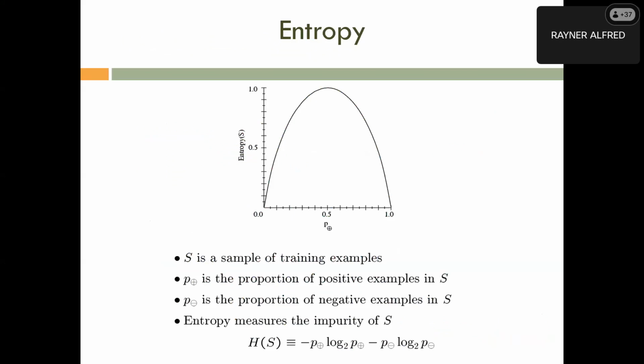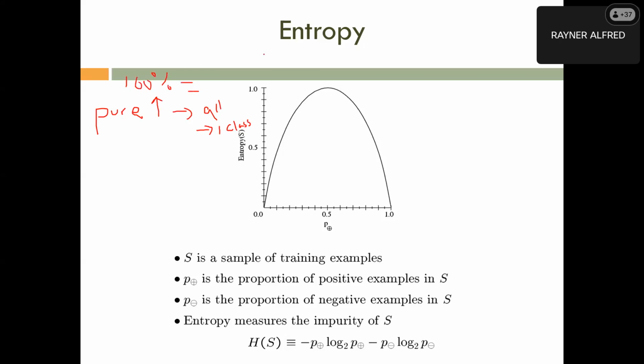So when we look at the purity of the partition, we're saying that, okay, if the purity is high, meaning that all members belong to one class. Okay, all members belong to one class. High purity, meaning 100%.